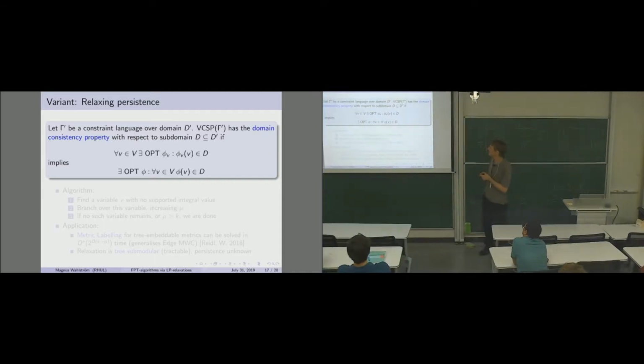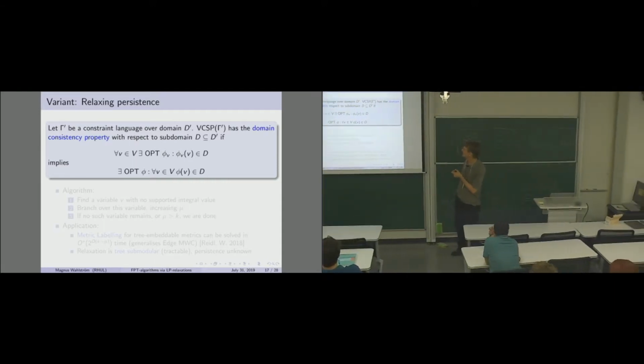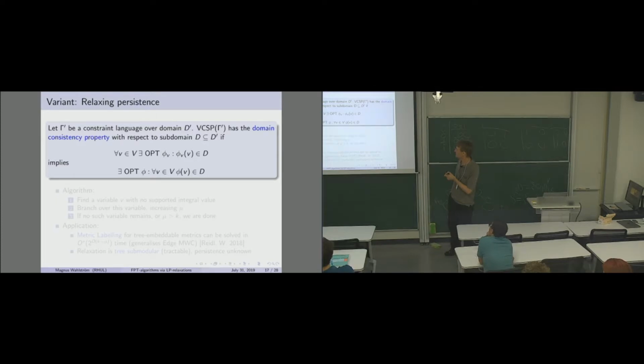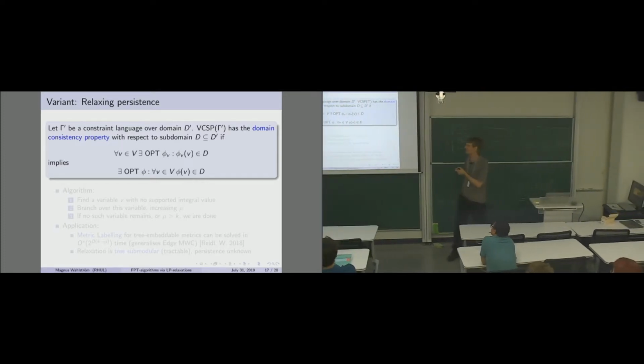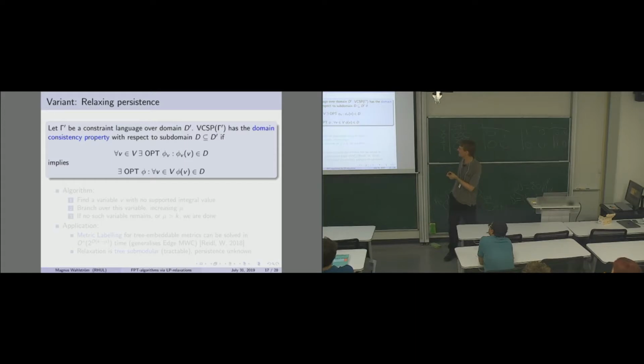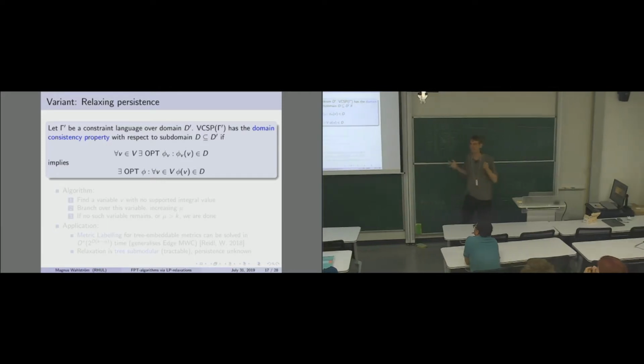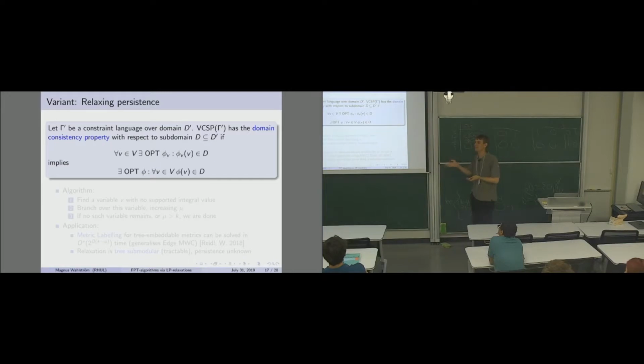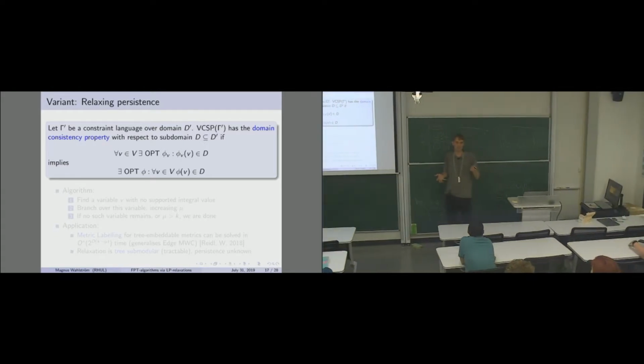If you have the guarantee that if for every variable there exists an optimum to the relaxation where that variable v takes an integral value, then there's guaranteed to exist some kind of optimum for the relaxation where every variable takes an integral value. This is just a statement that if every variable has some integral value in support, then you can just find a solution to your original problem whose cost equals the LP relaxation.